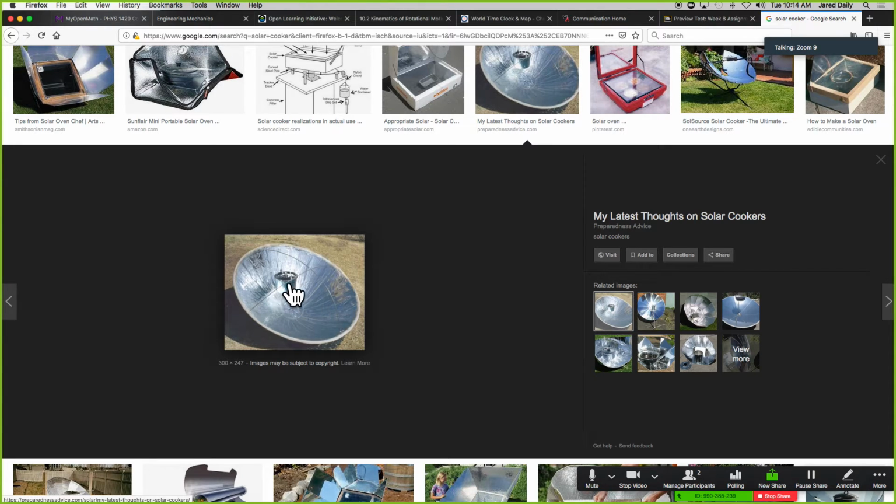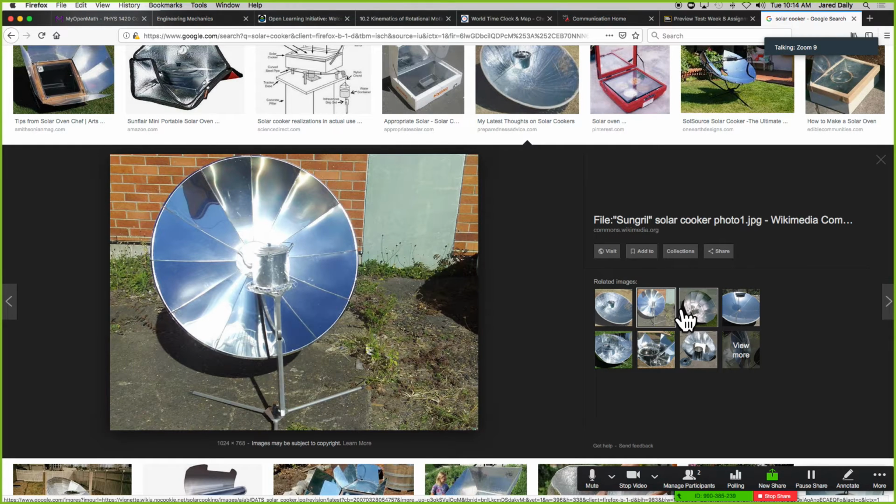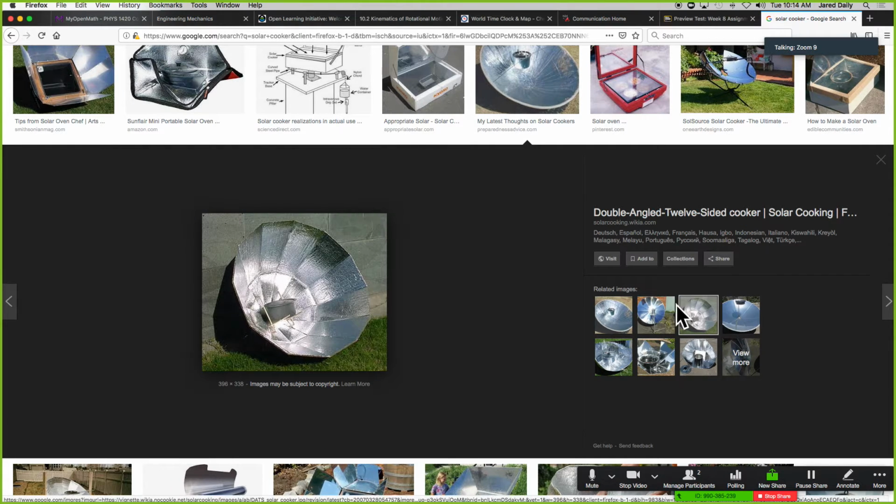It works best if you paint the pot black, because the black pot will absorb more light. The silver pot has different characteristics. It works really well if it's very sunny out, but the black one works better if it's cold out. So it just depends. But all these solar cookers have this very similar idea, where you're focusing the light all at this pot, and then you can cook something in the pot.